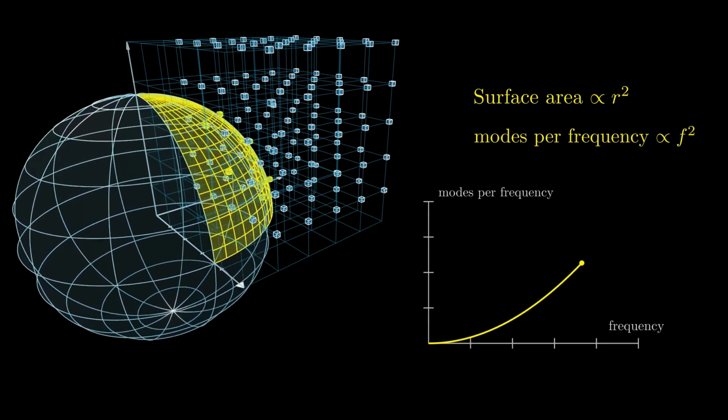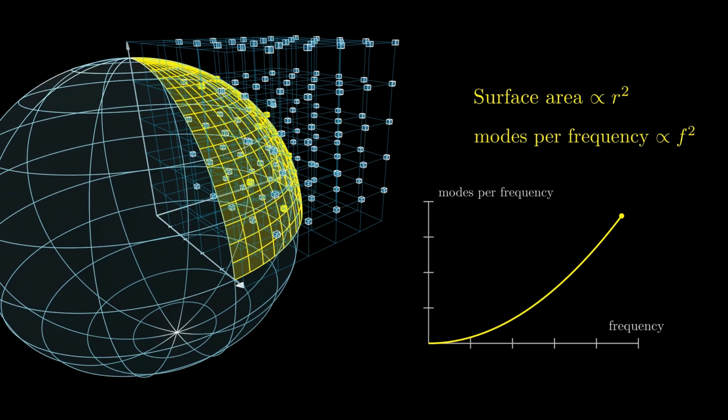So if we plot the number of modes per frequency against the frequency itself, we see a quadratic relationship. The higher the frequency, the more possible modes exist, growing proportionally to the square of the frequency. And since the average energy contained in each mode is the same, kT, the energy associated with each frequency also grows quadratically.